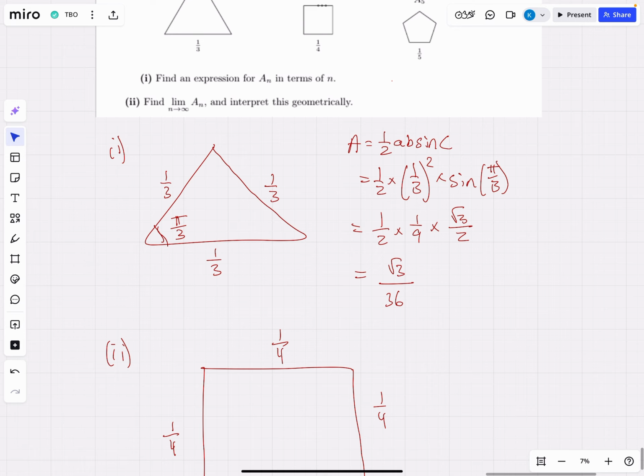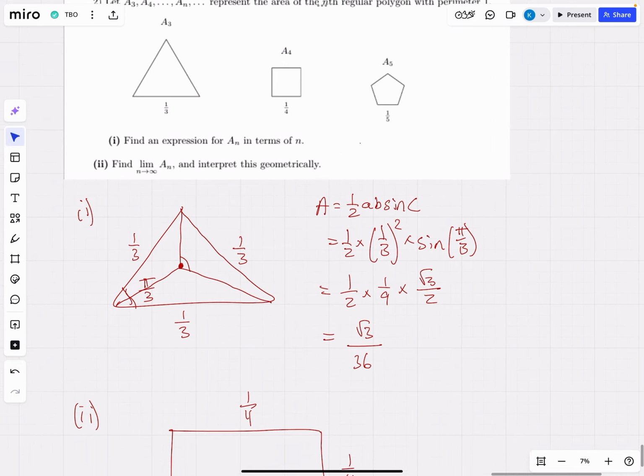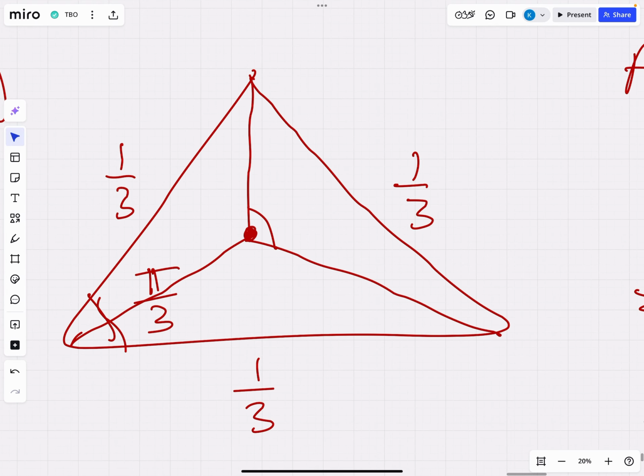So what was another way that I could have found the area of this triangle? Well, I could have considered the midpoint of this triangle, right? And I knew what that angle was going to be. That angle is simply going to be 2 pi, which represents an entire circle, but I want a third of it, right? So this is going to be 2 pi over 3.